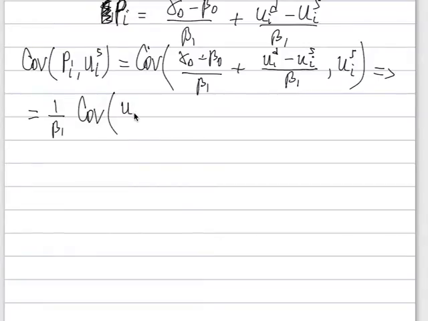Covariance between UID minus UIS, it's not equals, sorry. It's basically covariance between this expression and UIS. This gives us this expression now.